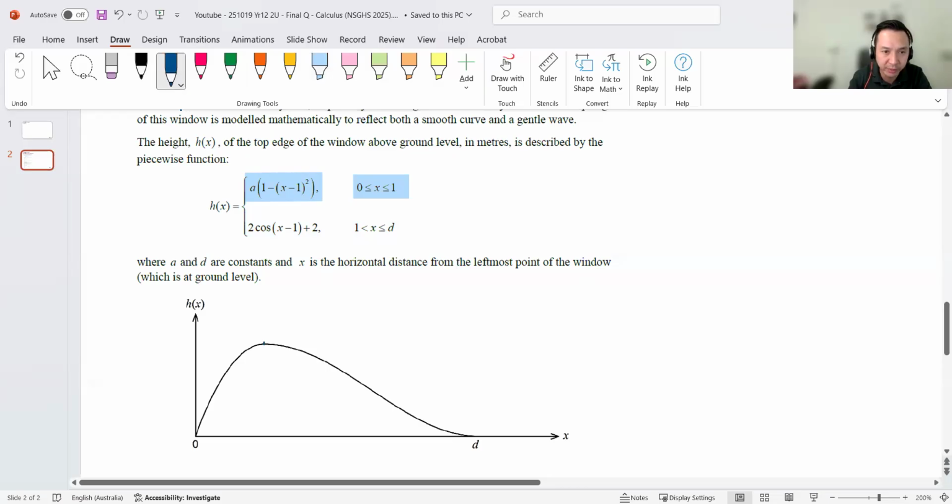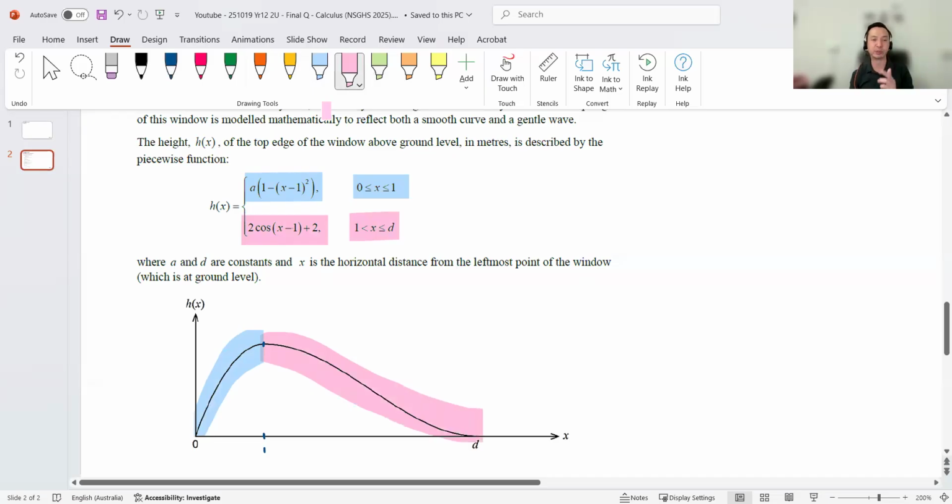I'm assuming 1 is about there. I'll use the highlighter. That bit there is probably that graph, and this bit here is probably a cos graph, a cos graph shifted up.